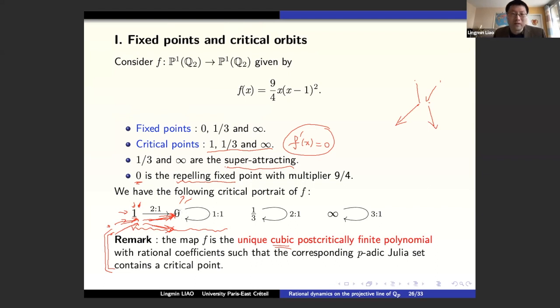Then this is the fixed point. So the orbit is finite. Here, maybe you will see, this is a map 2 to 1. This is the map 3 to 1. So 3 points will go to 1 point in the neighborhood of these ones. So you will see you have some difficulty here.